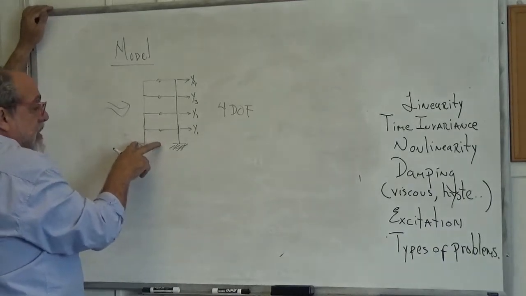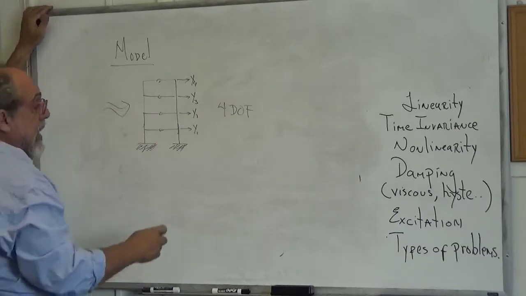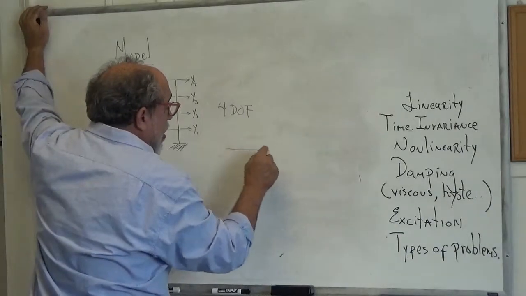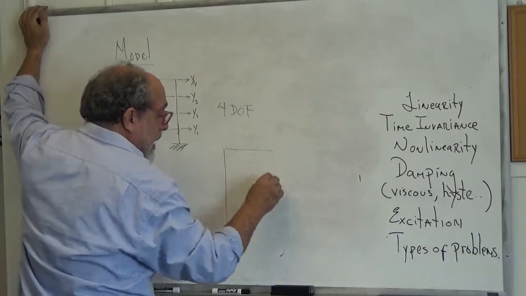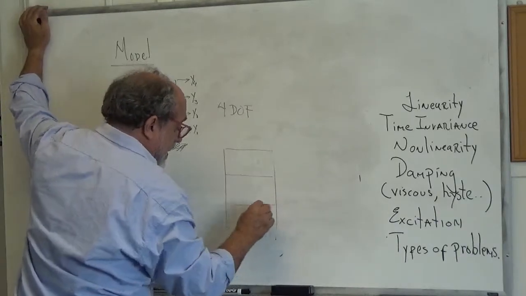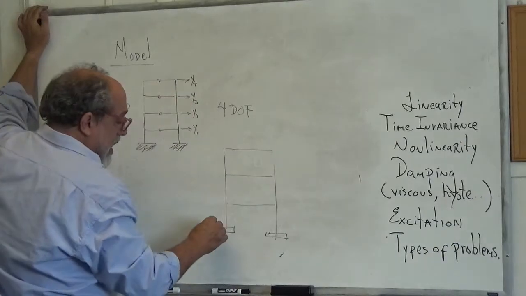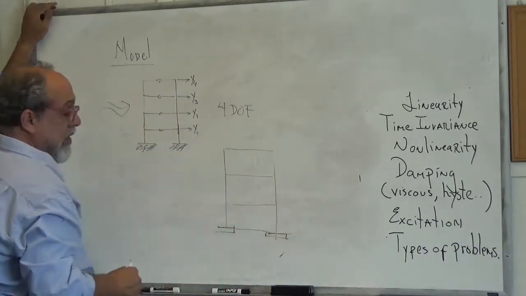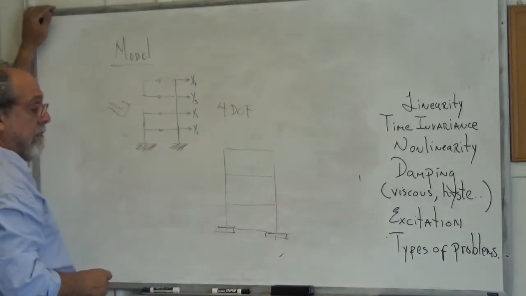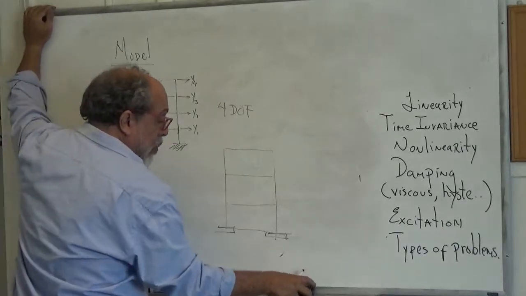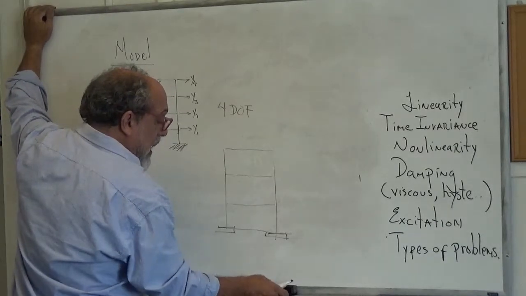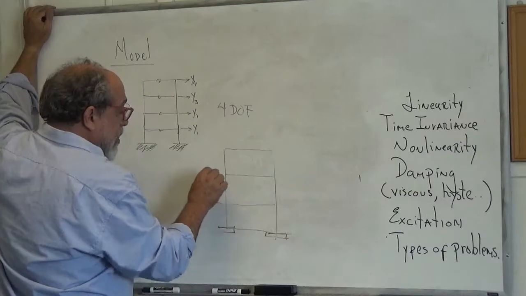That point, I'm going to say, it doesn't move. All right. Now, that may be fine, but there are other problems in which you may not be able to say that. What if this support is on a soil that you cannot assume doesn't move? So it's kind of hard to know where this model finishes, right?